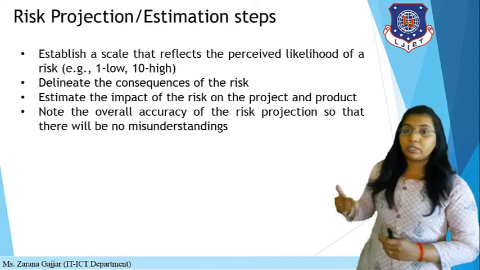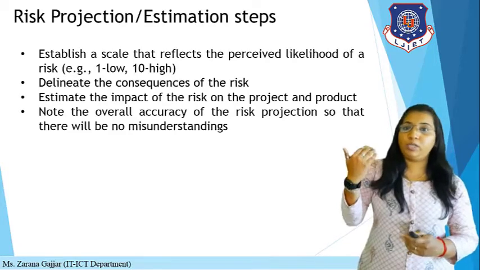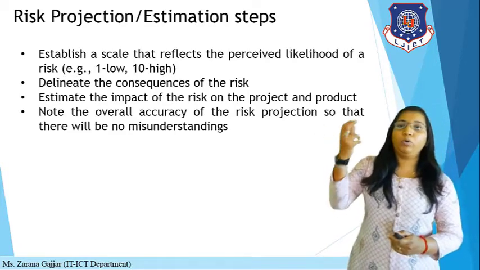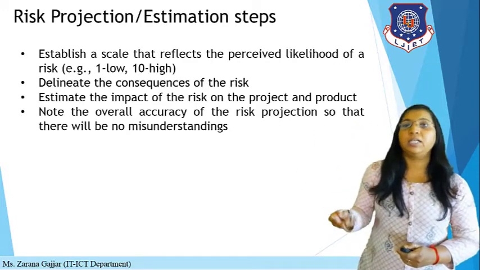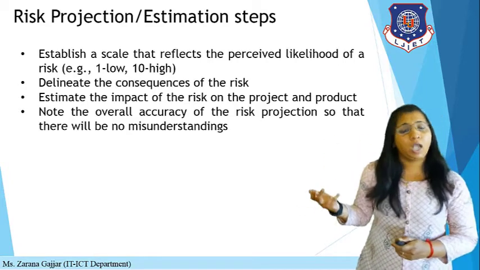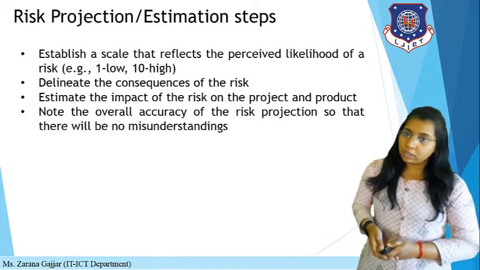So these are the 4 steps you have to follow for risk projection. First, establish a scale from 1 to 10. Then define the consequences of the risk. Then estimate the impact of the risk and the overall accuracy of the risk projection to avoid misunderstanding. These are the estimation steps.